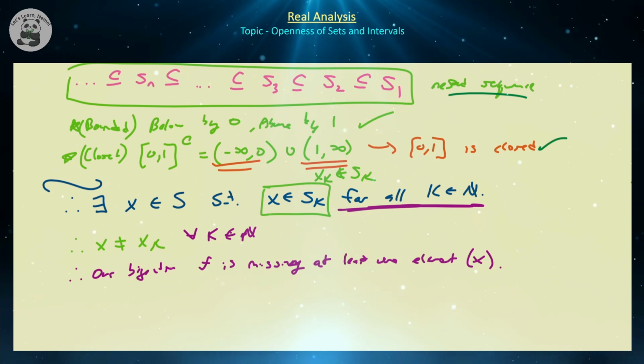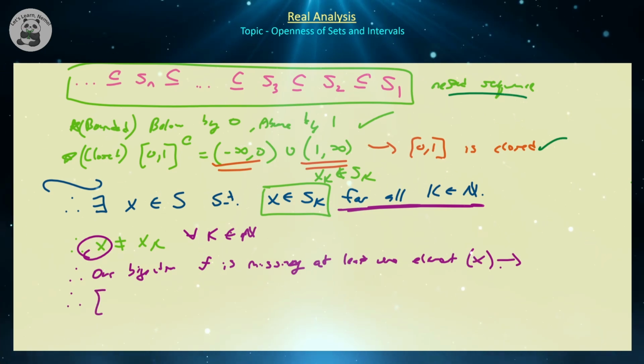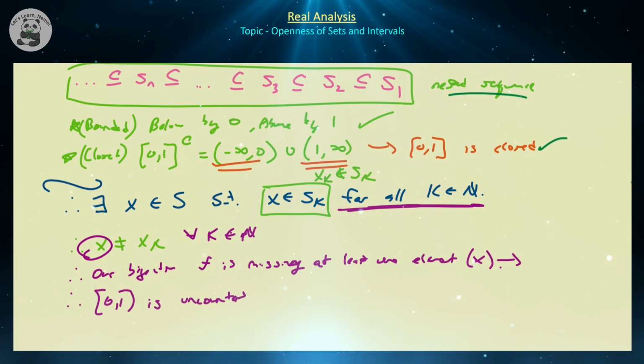And since we've created a bijection from N to S, x has to belong to that bijection. But we're missing something, right? So that implies this set is not onto, so that means that this interval [0, 1] is uncountable.